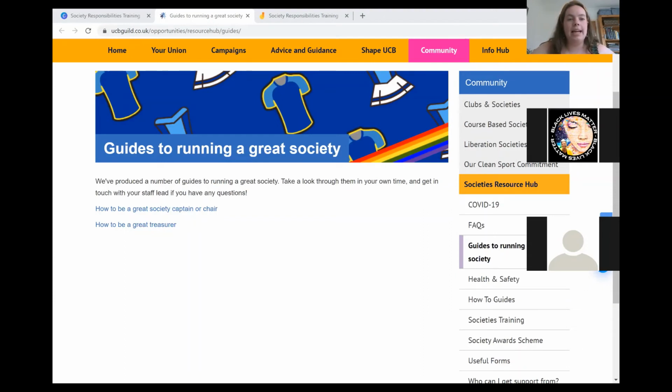Attend monthly society forums. We've talked a little bit about society forums in each of these training sessions, but that'll be the space where you make decisions on budget and potential development funds, and campaigns that you might want to run as a collective.